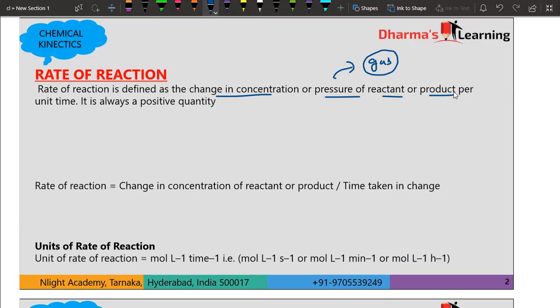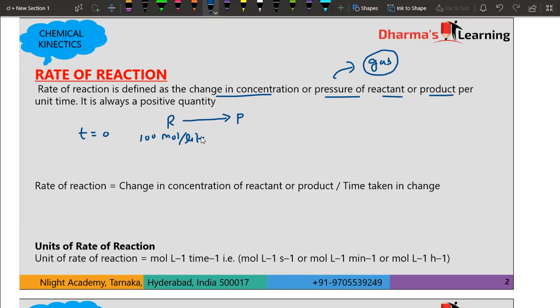Now let's discuss how we can find the rate of reaction. Let's say we have a reaction in which the reactant R converts into P. At time t equals 0, we will only have the reactant. Let's consider I'm taking a particular amount of reactant with a concentration of 100 mole per liter.